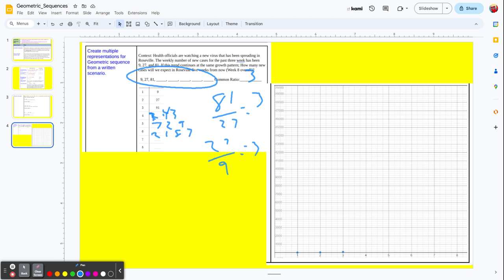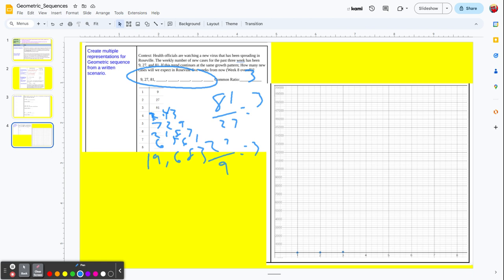Our seventh term value is 2,187 times 3, which is 6,561. And then our eighth term value is 6,561 times 3, which is 19,683.